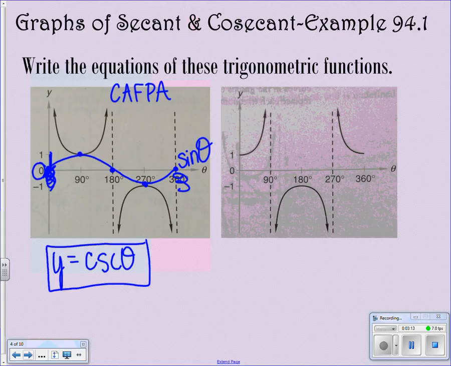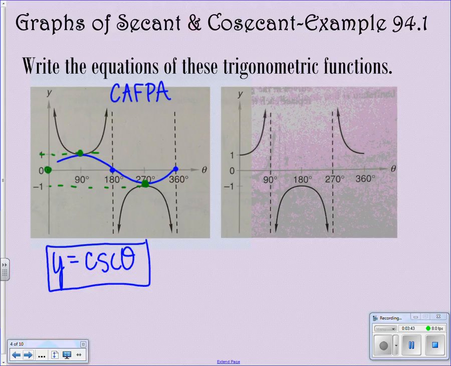Now, I'm going to erase some of my lovely drawings here. The reciprocal of 1 is 1, and so that's why we have a dot at 1. The reciprocal of -1 is also -1, so that's why those two dots appear on both graphs. Just like you did with your reciprocal functions, everywhere you had it equal to 1, you put a dot, and everywhere you had it equal to -1, you put a dot.